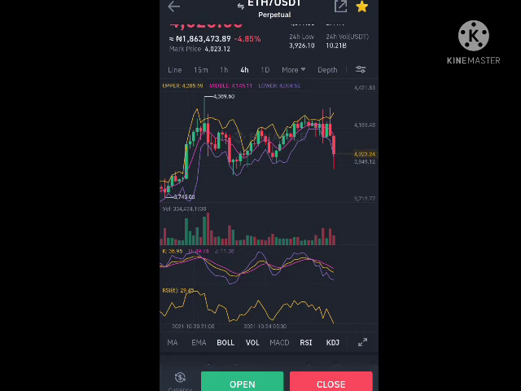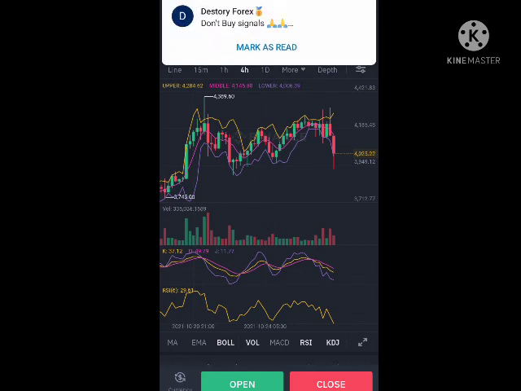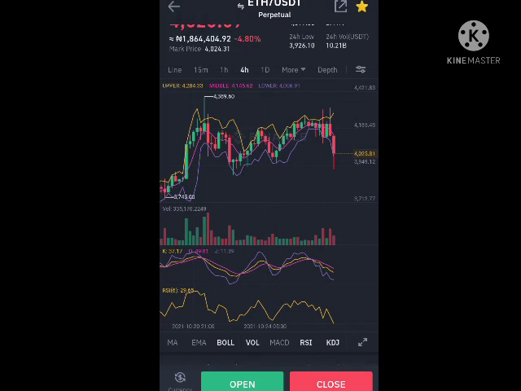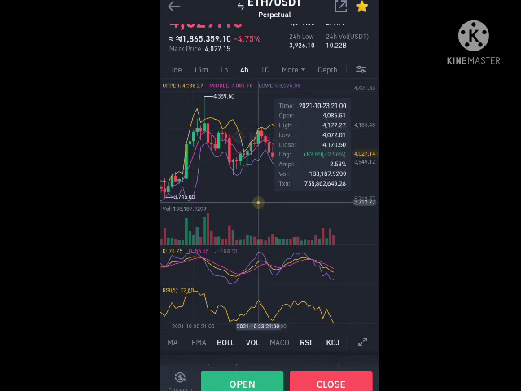The KDJ has an overbought and an oversold position. So like, if you are seeing the J line right now, it is showing 11 point something. So it means ETH is oversold at the moment. You get? Let me check. At this point that I just highlighted, at the peak of that J line, you see the J line is the purple line.